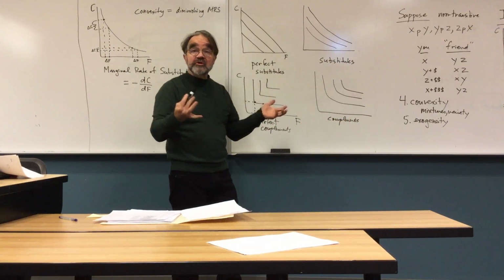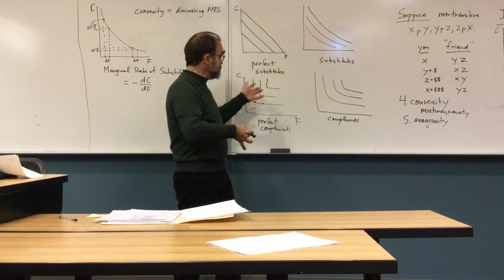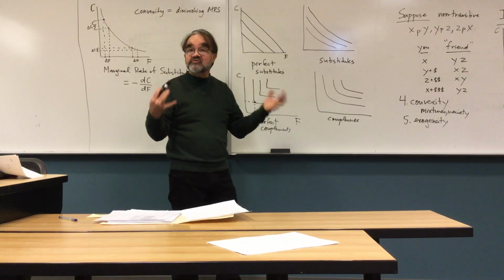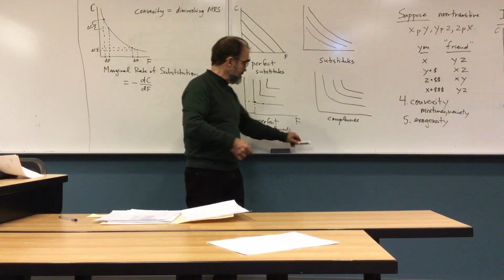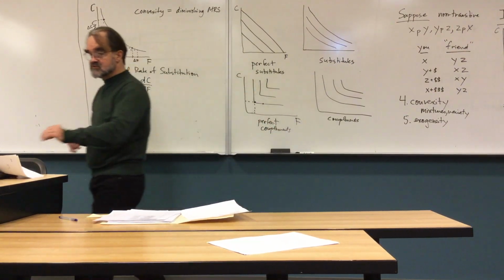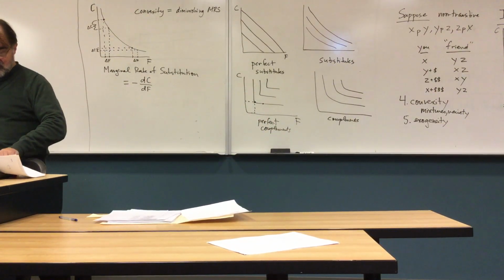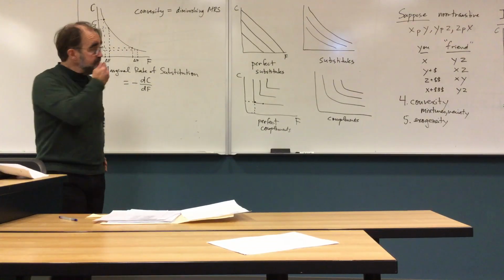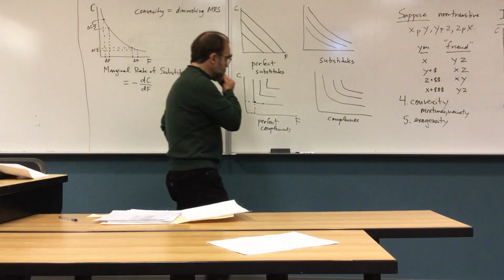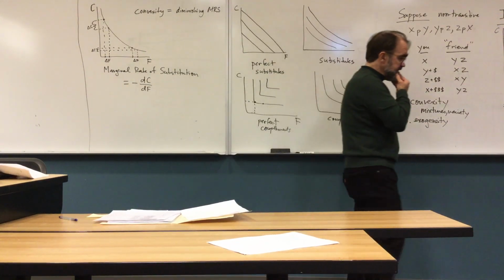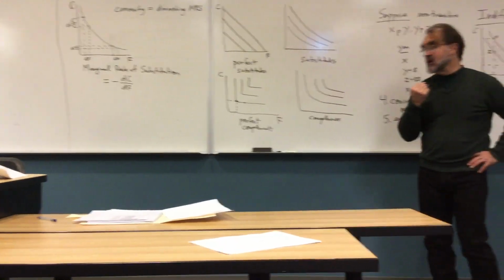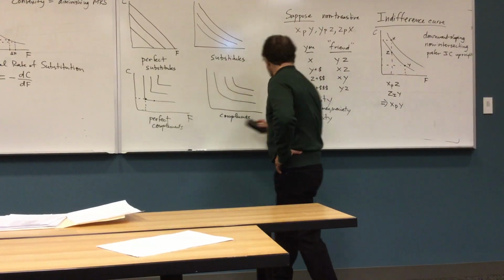Different pairs of goods are going to have different looking indifference curves, and different individual consumers are going to have different shapes of indifference curves. We can also think systematically that different kinds of people may have different shapes of indifference curves.